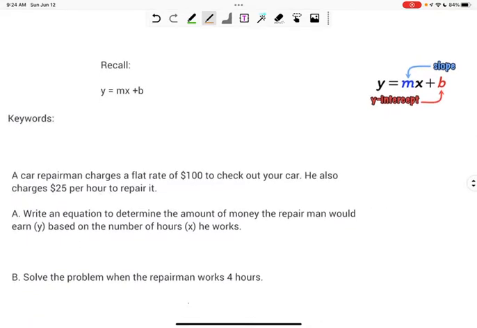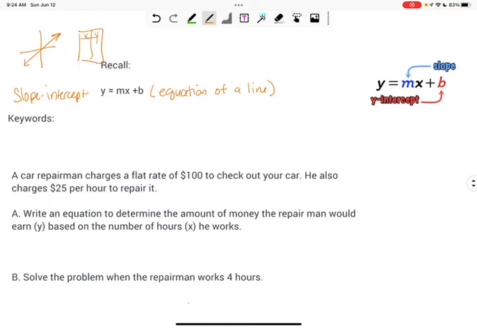Let's recall y equals mx plus b is our slope-intercept form of our equation of a line. We have seen this line on graphs and in tables.